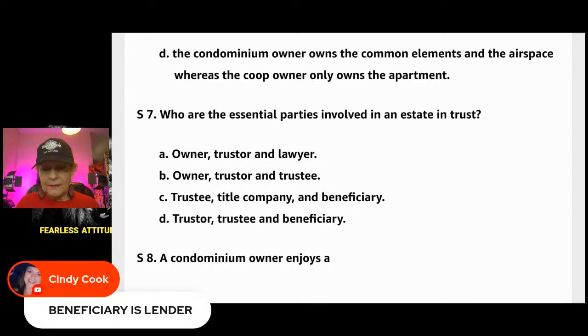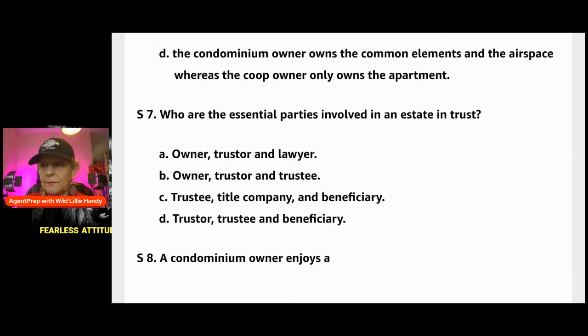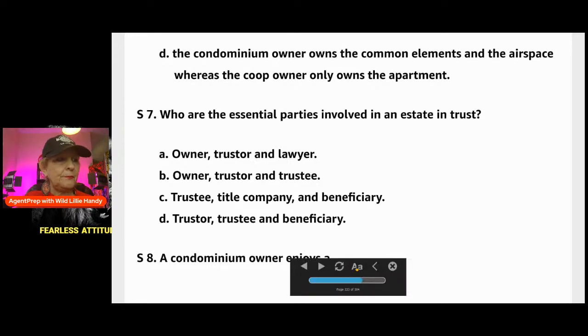That is correct. So very good. Trustor is the grantor, the borrower. Trustee could typically be an attorney or a company that the beneficiary assigns to hold on to the title. Typically, it's an attorney, because they're dealing with legal documents. And the beneficiary is the lender. Very good. All right. Awesome.